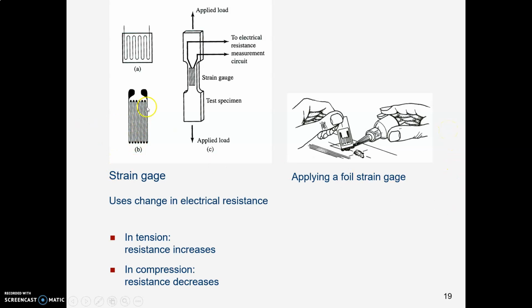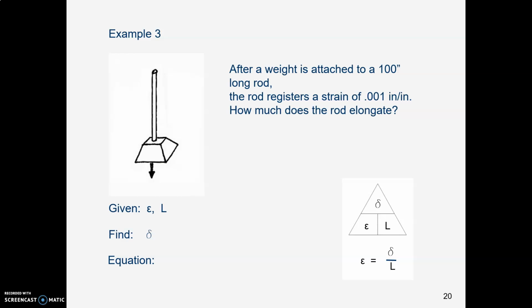If the thing gets stretched out longer, the electrical resistance increases, and if the thing shortens, the electrical resistance decreases, and you can measure that on a meter and determine how much the strain was. It's also very common to get electronic devices now, transducers, that will measure the strain. So that's how we determined the strain on this 100-inch bar.